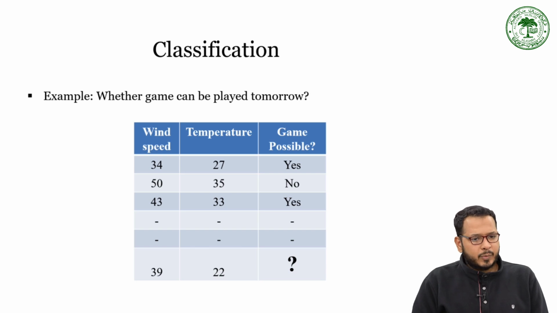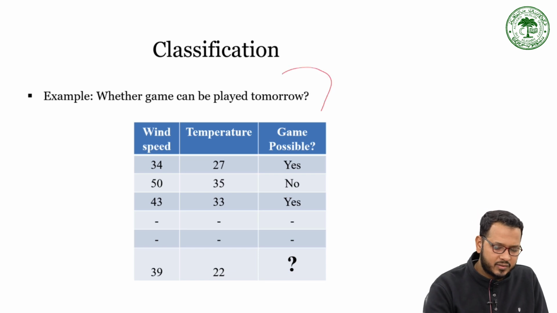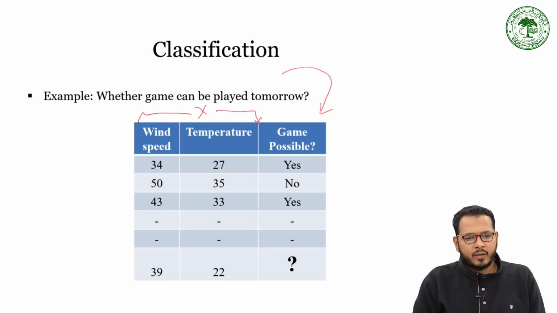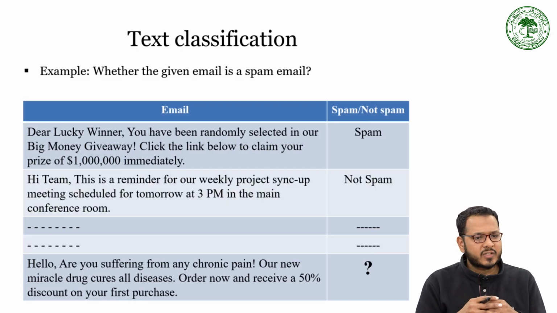We have seen this example many times now, but to do classification, traditionally we look for a well-structured data set with the XY pair, where X is the set of independent variables and Y represents the dependent variable. In text classification also, the generalized problem statement is the same.